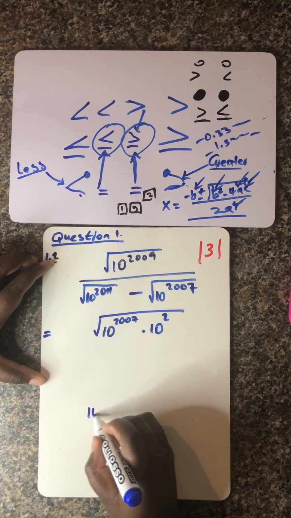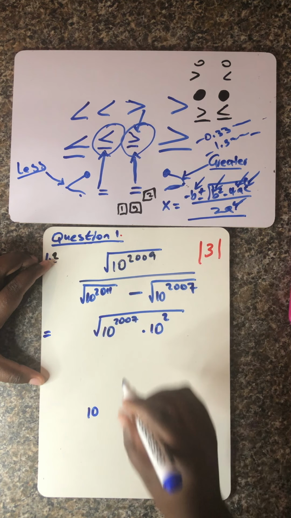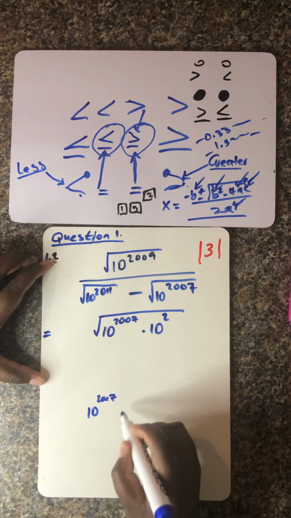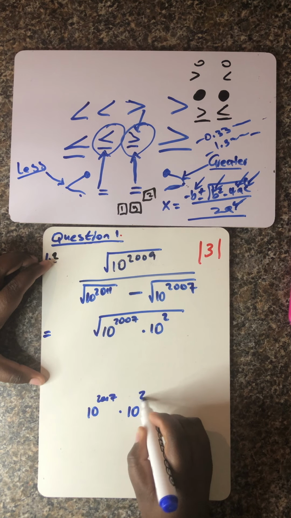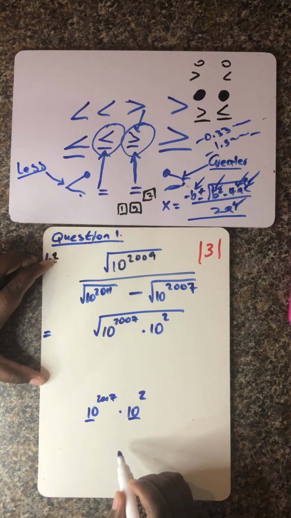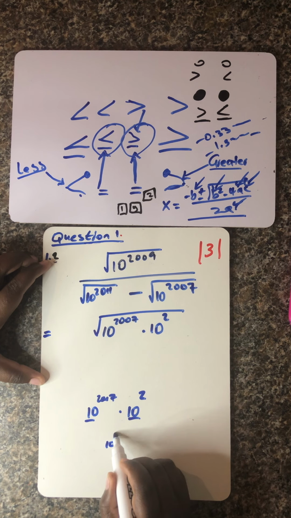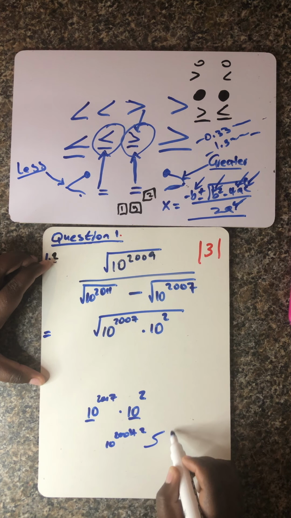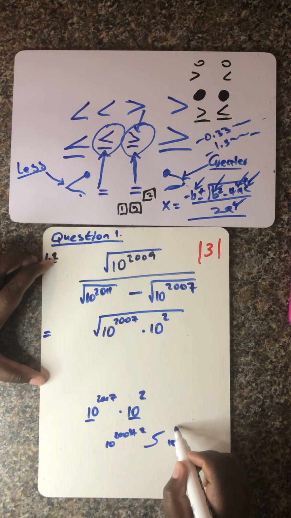Because remember, the same inside that square root, is the same as 10 to the exponent 2007 multiplied by 10 to the exponent 2. Remember, I've just told you that with the same base, you add the exponents. So that means it's 10 to the exponent 2007 plus 2, which is the same as 10 to the exponent 2009, because 2 plus 7 is equal to 9. I hope you understand, ladies and gentlemen.